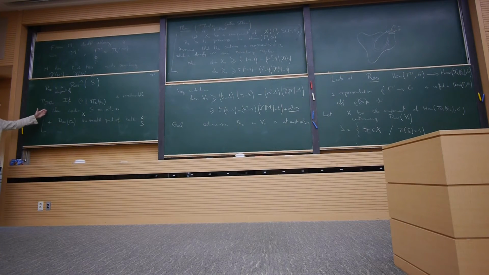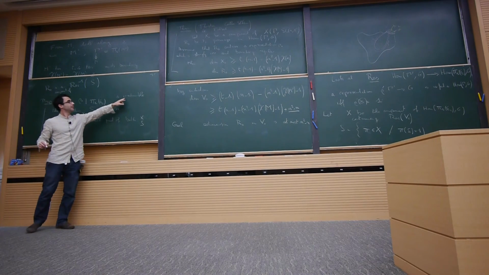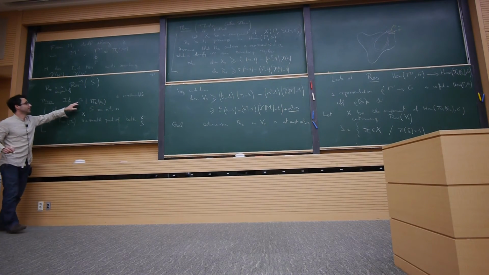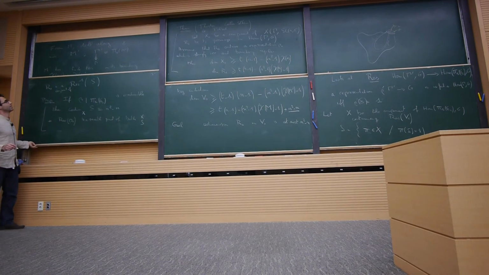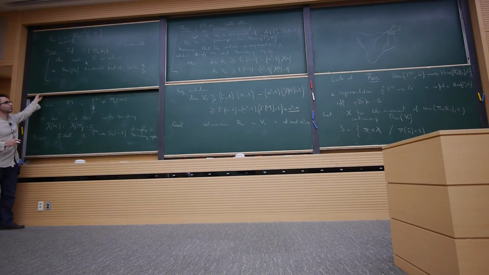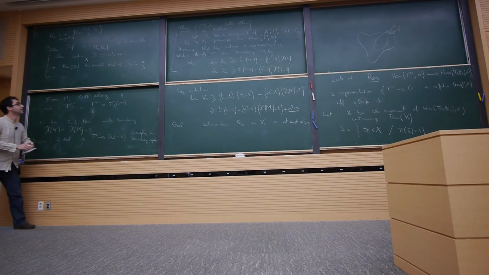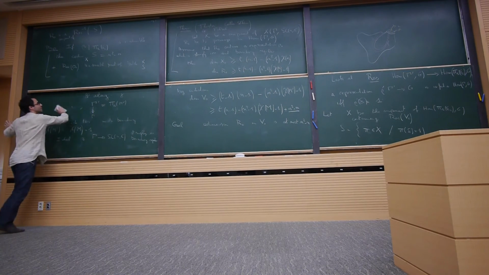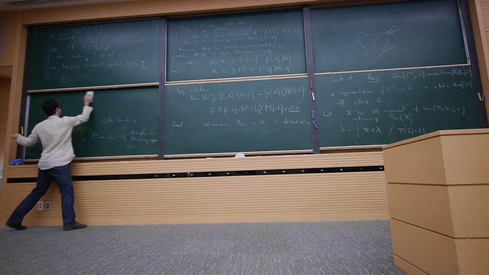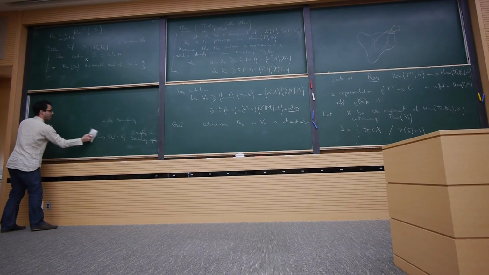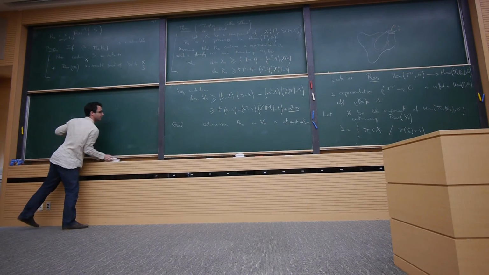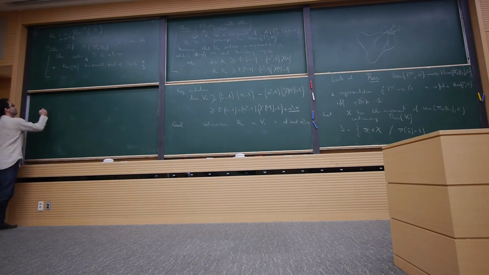This is really easy to prove with Goldman's dimension formula, because the irreducibility of rho zero gives you this immediately. Maybe I will just prove this proposition in 2 minutes and then stop, and explain what we will do next time.